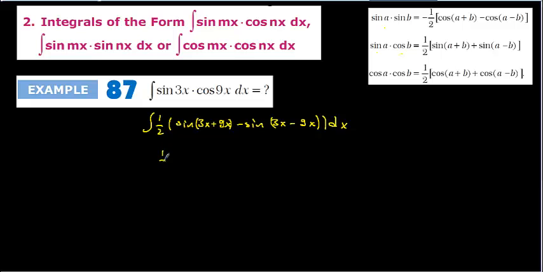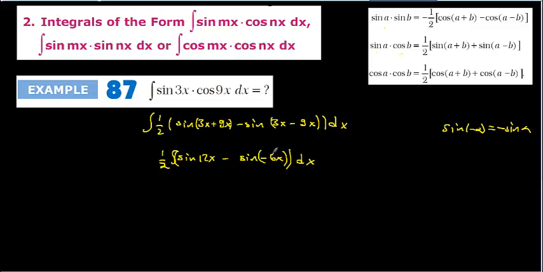That's why it's going to be equal to 1 over 2 integral sine 12x minus sine of minus 6x dx. Here we have sine 12x and minus sine of minus 6x, but sine of minus alpha was equal to minus sine alpha.